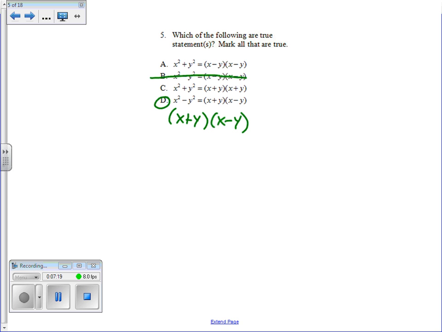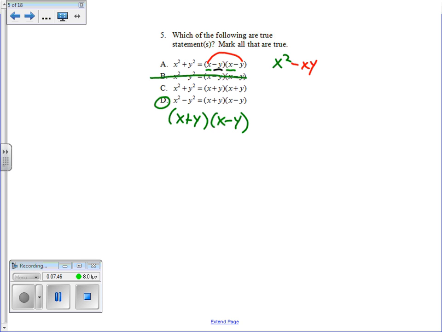And D is true. Now for A and C, I'm going to multiply that out, x minus y and x minus y, to see what I'm going to get. So if I do x times x, I get x squared. And then x times negative y gives me negative xy.